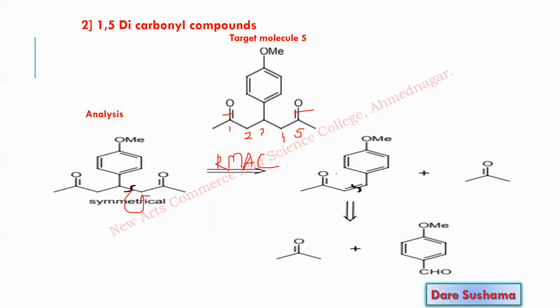So this gives acetone, but what type of donor do you require? A mild donor you require. The reason is you don't want 1,2 addition, you want a 1,4 addition. So what you have to write here? Add control. What is the meaning of add control?